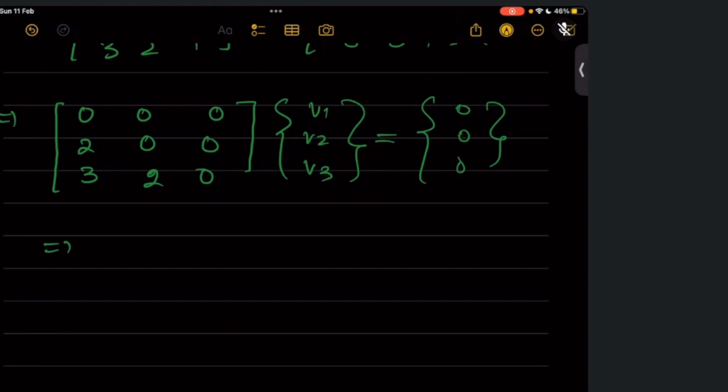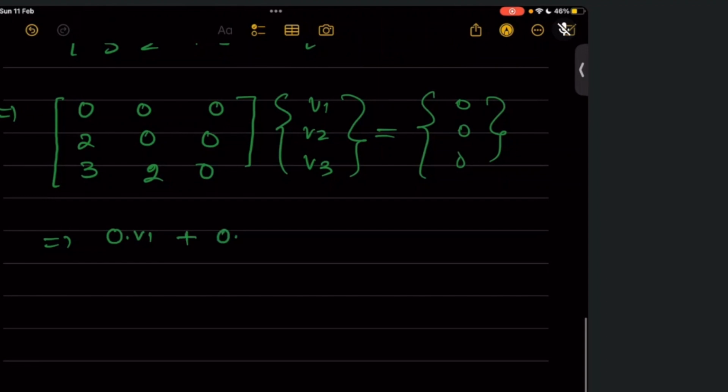So the first equation which we will get from this is 0 times v1 plus 0 v2 plus 0 v3 equal to 0. So this equation says that v1, v2, v3 can have any values. So we'll move to next.